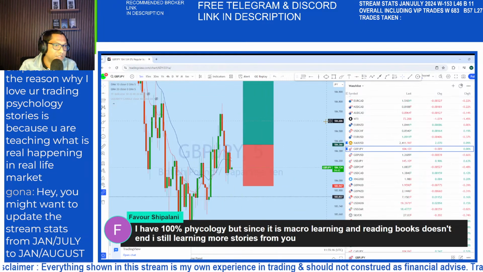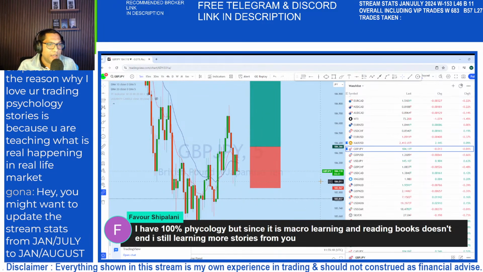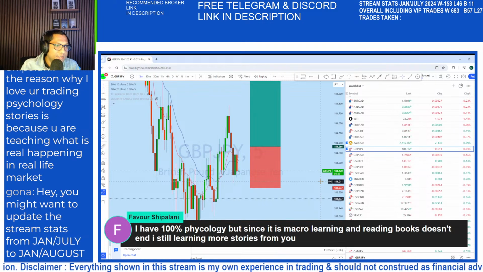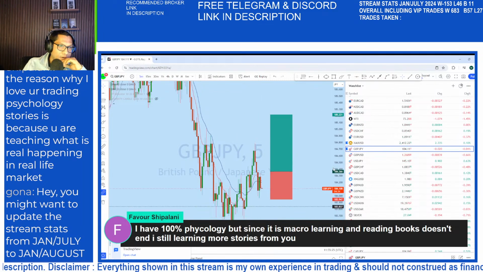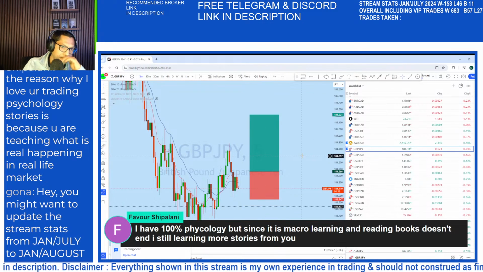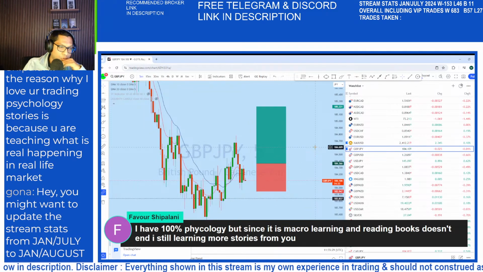So I placed a buy stop on GJ at 184.366, stop loss at 183.947, TP target 185.22, which is 221 pips.